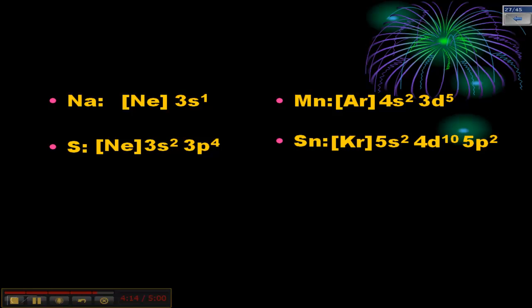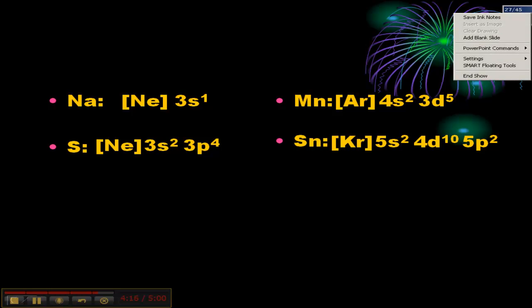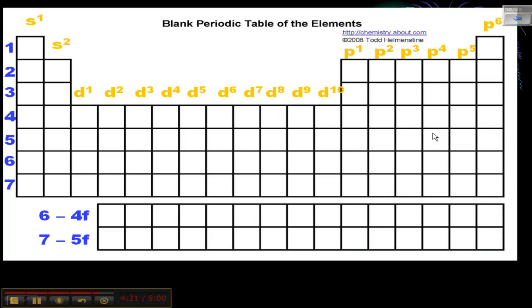And when we add all those up, it gets to 50. Now let me go back just really quickly. All right, so 50 is right here. Okay, so our noble gas there was krypton. So then we fill up 5s2 and 4d10 and then 5p2 until we get to 50.